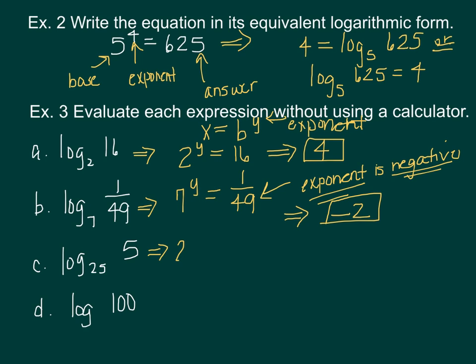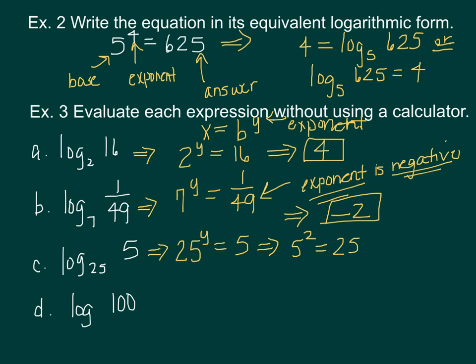Now we're doing 25 to the what power will give you 5. Well, you have to think backwards. We know that 5 squared would be 25.